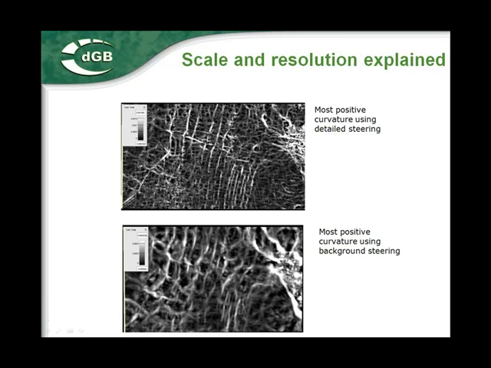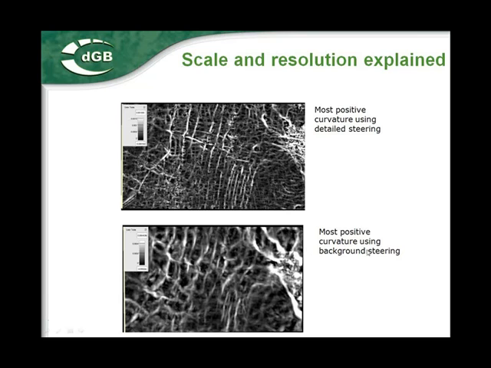On the other hand, we can look at the dip as an attribute. We do that here by converting it to a curvature volume. And here we look at the most positive curvature using the detailed dips as an input, and we see a very fine-grained field of faults here. We see some noisy stuff related to salt movement deeper in the section.